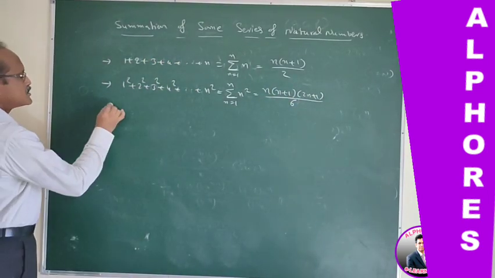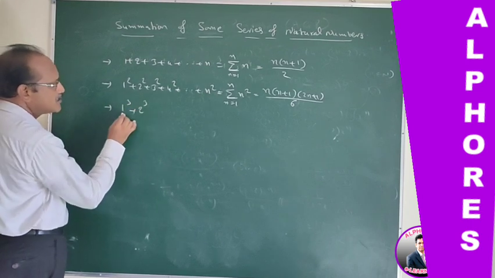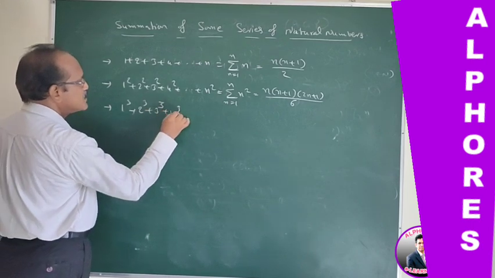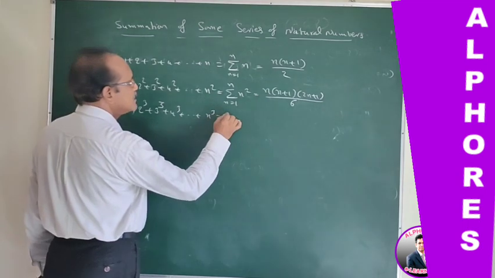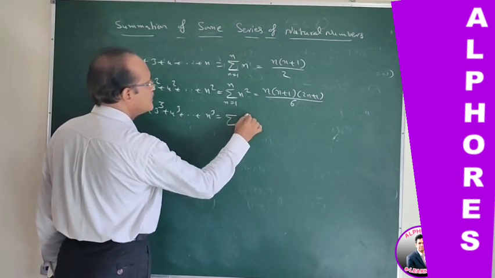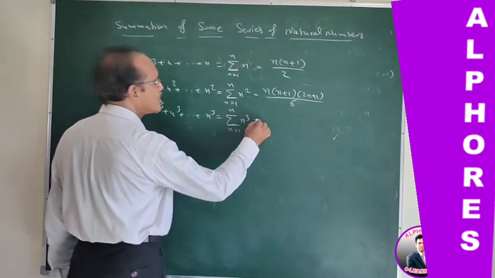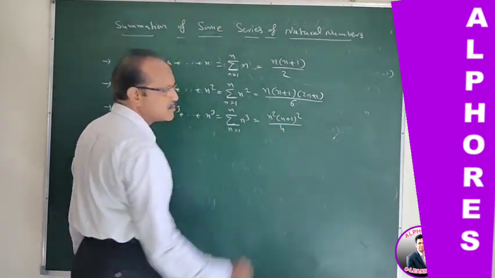Next, sum to cubes of first n natural numbers: 1 cube plus 2 cube plus 3 cube plus 4 cube plus so on, n cube, is sigma n cube, n is equal to 1 to n. Sigma n cube formula is given by n square into n plus 1 whole square by 4.